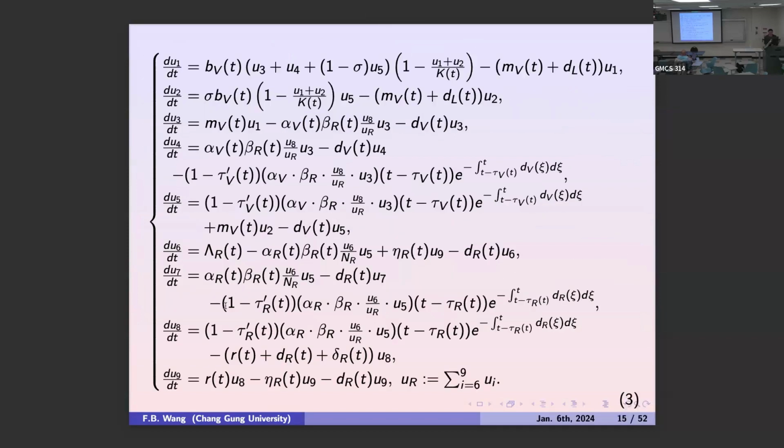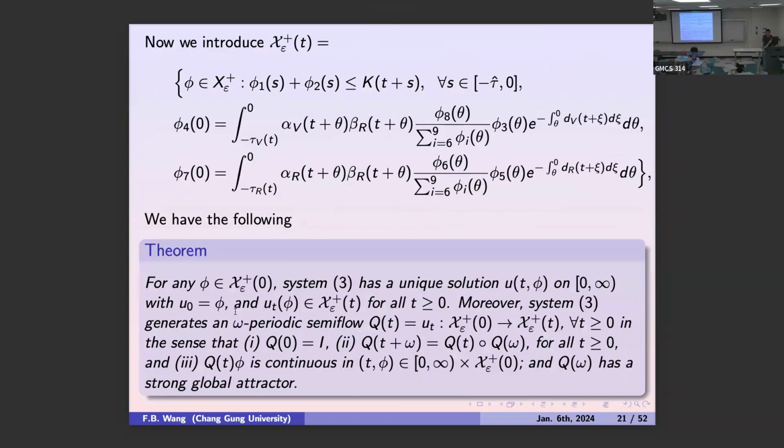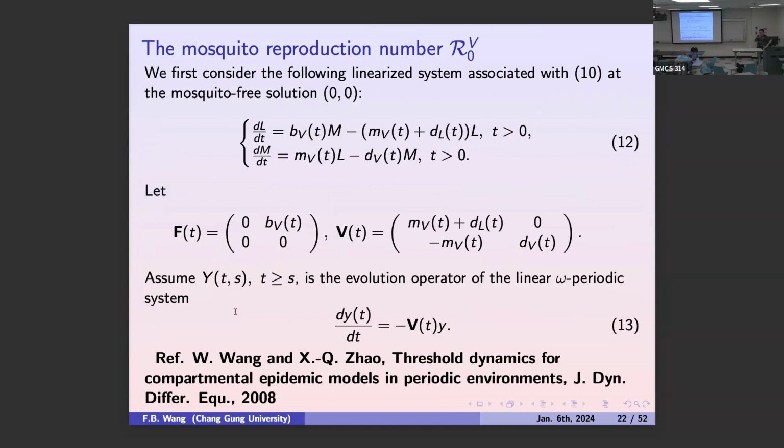For this system, we assume the virus is equal to 0, and we can find some decoupled equations. Then we can get the disease-free equilibrium. Not equilibrium, because of the periodic system, I should say disease-free state.